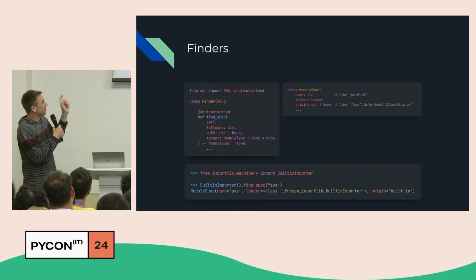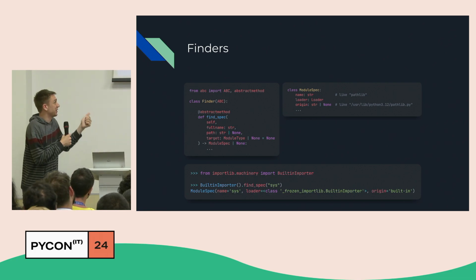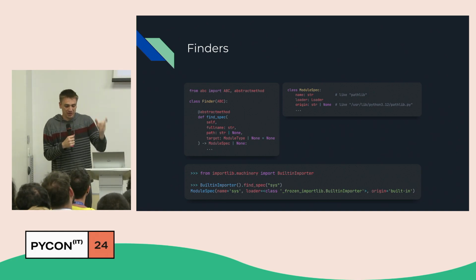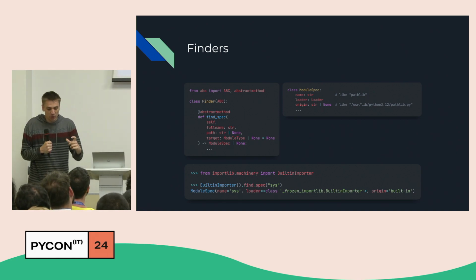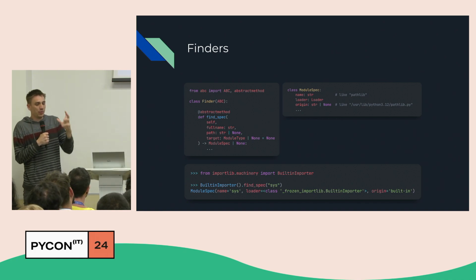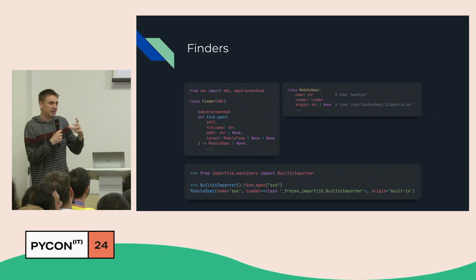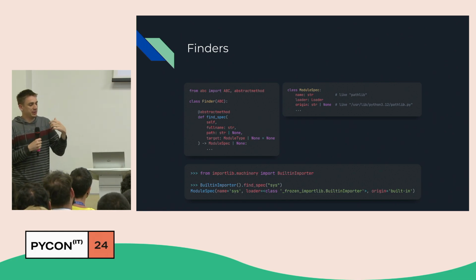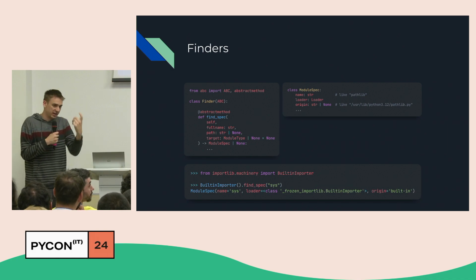Okay, so first, to find the module, you need to have a finder object. The finder object needs to implement a find spec method, and that method is called by the double underscore import method to figure out where to find the package. So it's given the from X import Y path, so it's going to ask for X and it's going to ask for Y. It's like, where can I find X?